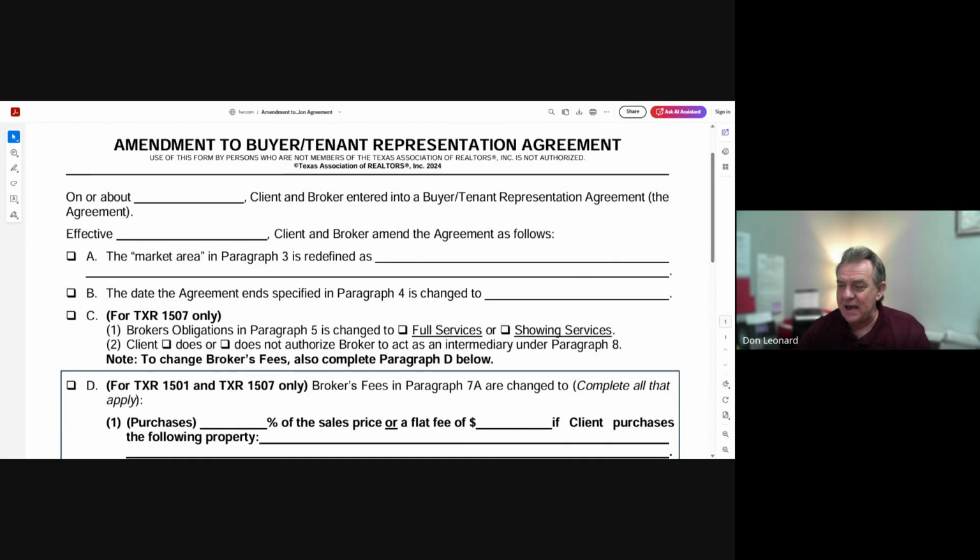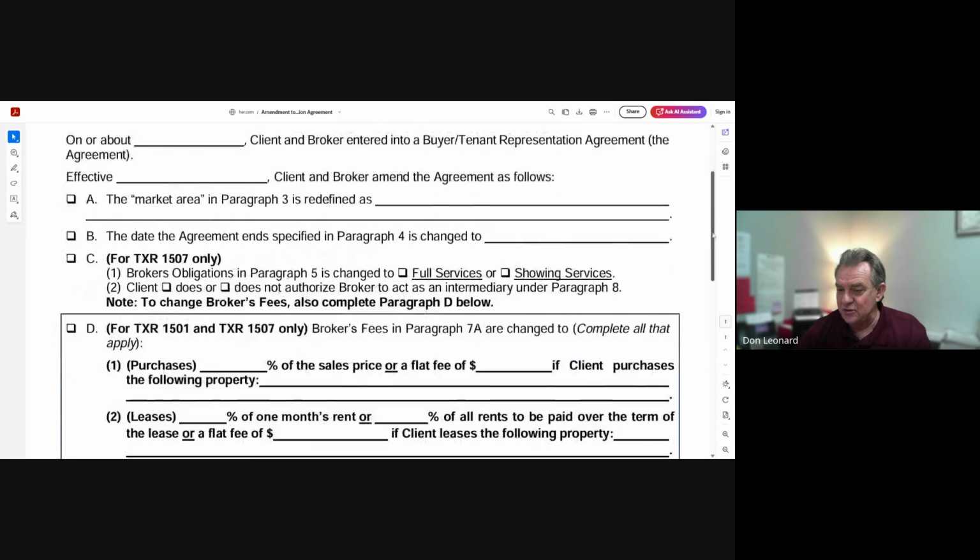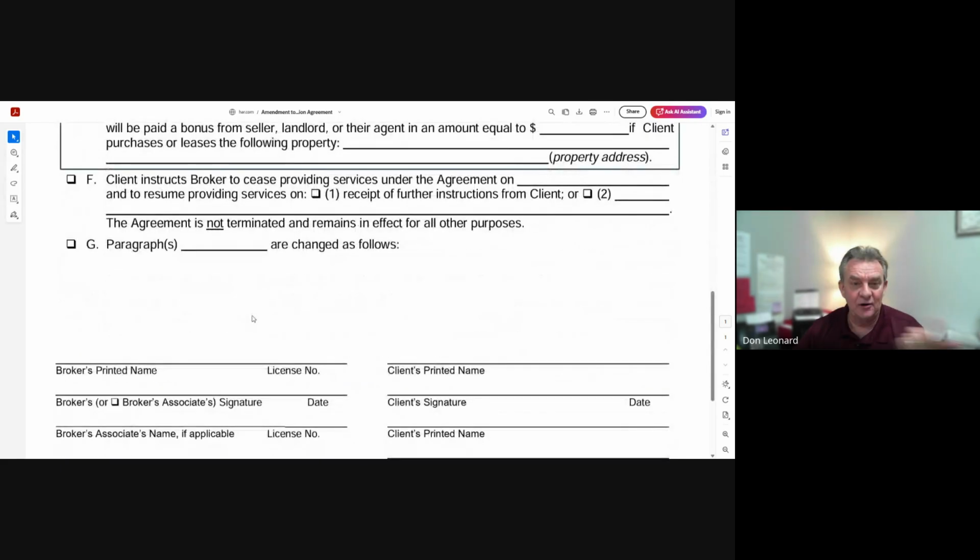Even though they talk about it here, remember, this is only for the 1507. So this does not change intermediary for the 1501. So we would have to do that down here under G. So G would just be any paragraph that's not covered by A, B, C, D, E, or F, whatever those changes might be.